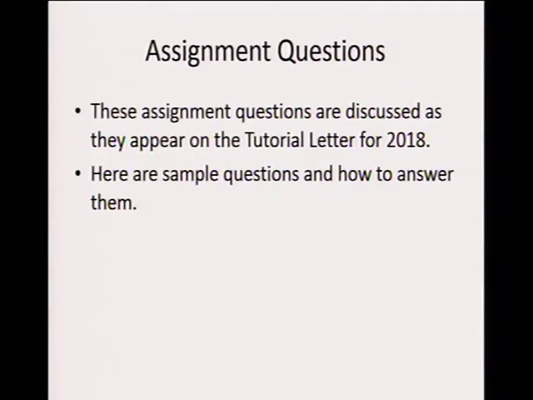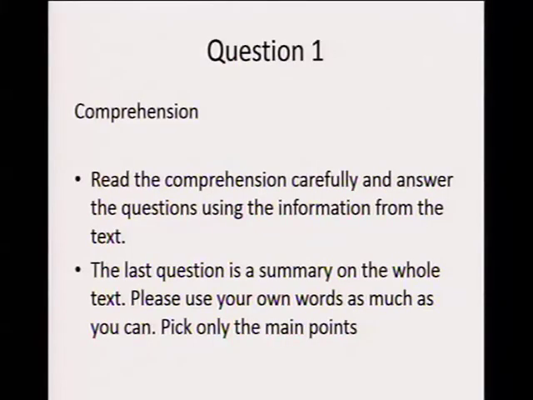Assignment questions. These assignment questions are discussed as they appear on the tutorial letter for 2018. Here are some sample questions and how to answer them. Question 1, comprehension. Read the comprehension carefully and answer the questions using the information from the text.